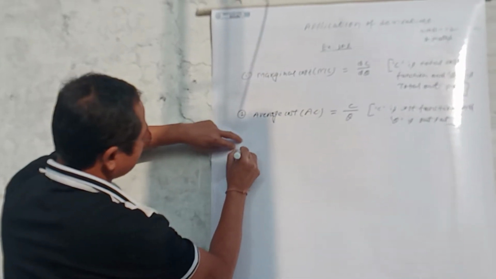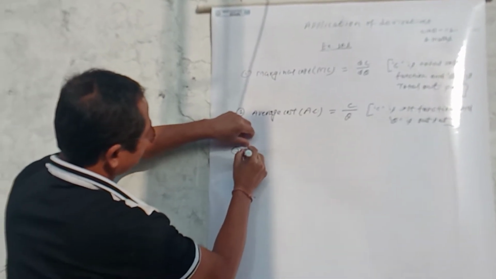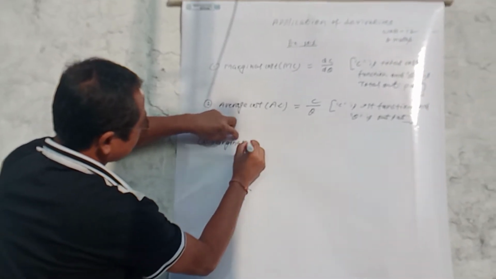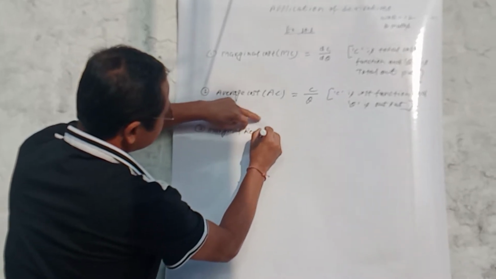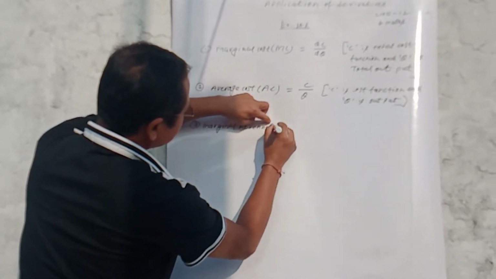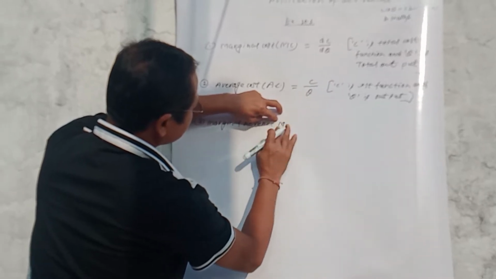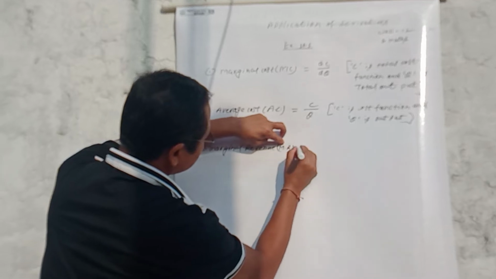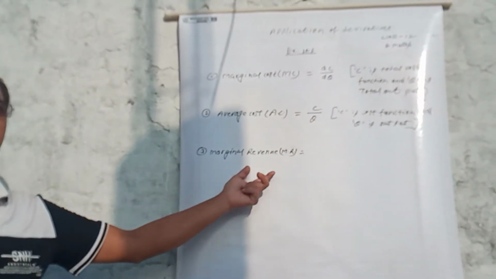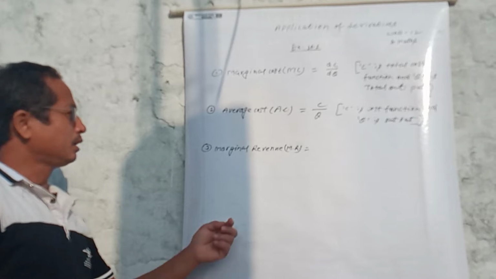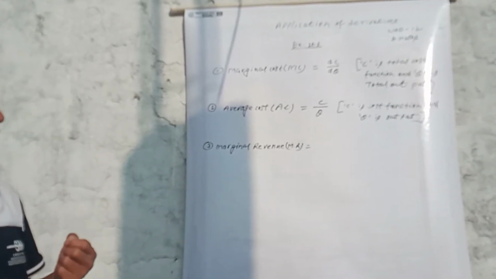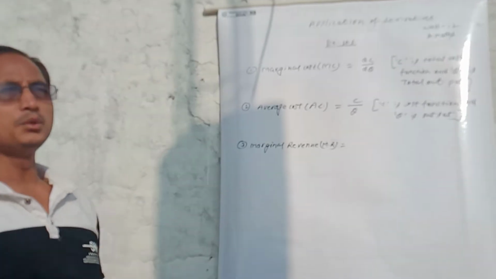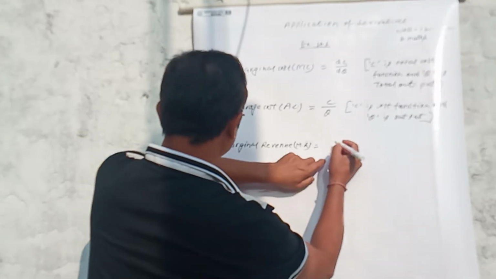Next, we need to find marginal revenue, MR in shortcut. In simple words, it is the selling price of a certain number of units of an item.